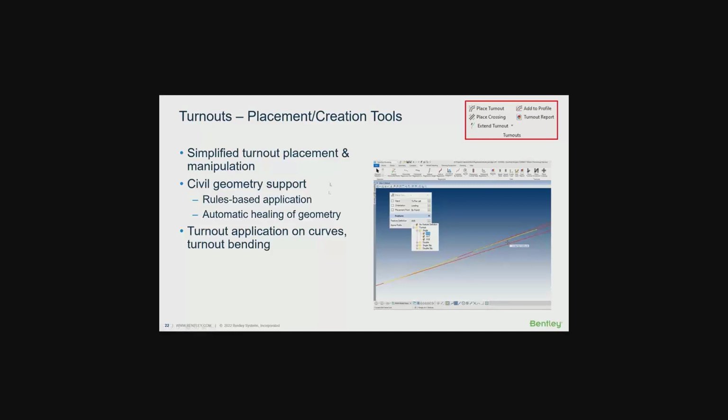So we have actually updated some tools there in order for you to make sure that the turnouts that you design are rules based. Okay, and it would also combine the typical geometry tools that you would use in road design, and specific to the turnout standards.